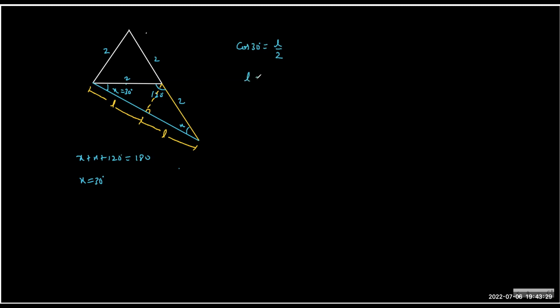So L turns out to be how much? 2 cos 30. So the entire length is how much? You can say the mod of A minus B is basically 2L lengthwise, correct? So the answer is 4. And what is cos 30? √3/2.